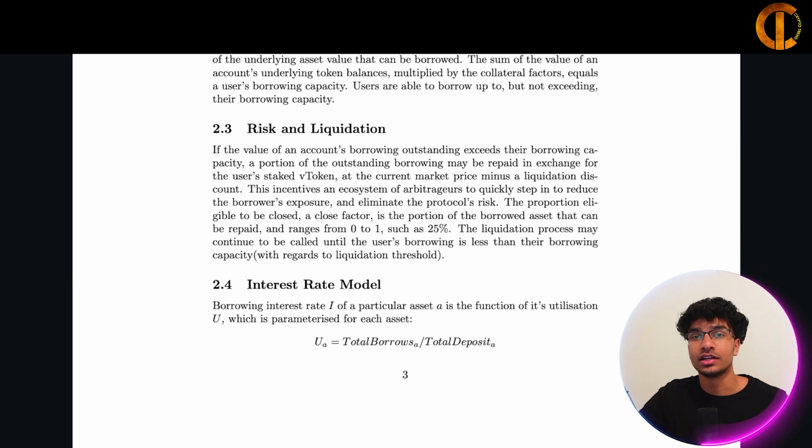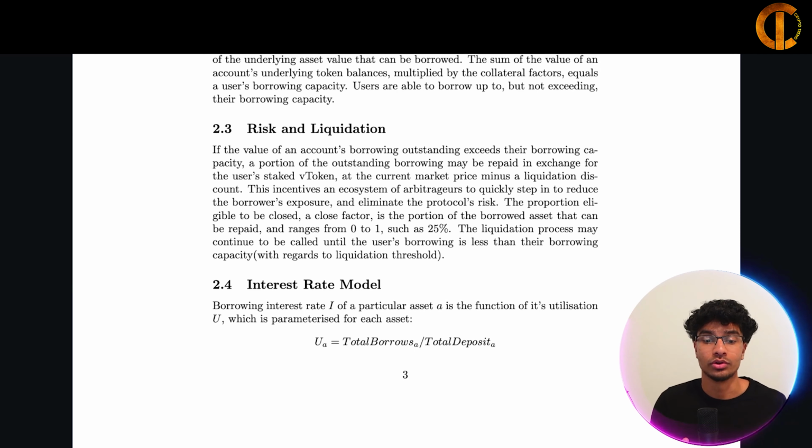Now for risk and liquidation, if the value of an account's borrowing outstanding exceeds their borrowing capacity, a portion of the outstanding borrowing may be repaid in exchange for the user's staked V token at the current market price minus a liquidation discount. This incentivizes an ecosystem of arbitrageurs to quickly step in to reduce the borrower's exposure and eliminate the protocol's risk.